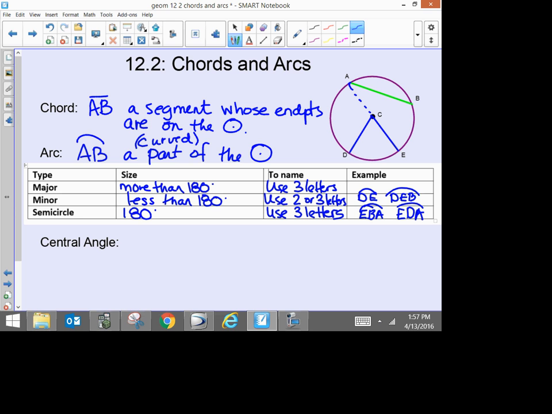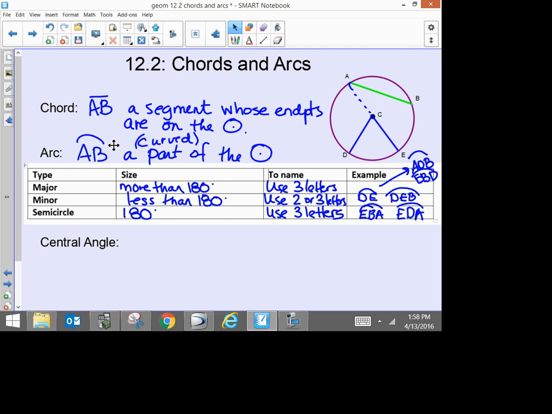Give me one. Catherine? ADB. ADB sounds good. I'm running out of room. I got too tight here. Okay. And how about another one besides BDA, which is the same one? Kate? EBD. E to B to D definitely is. Good. Major. Okay? Very good.